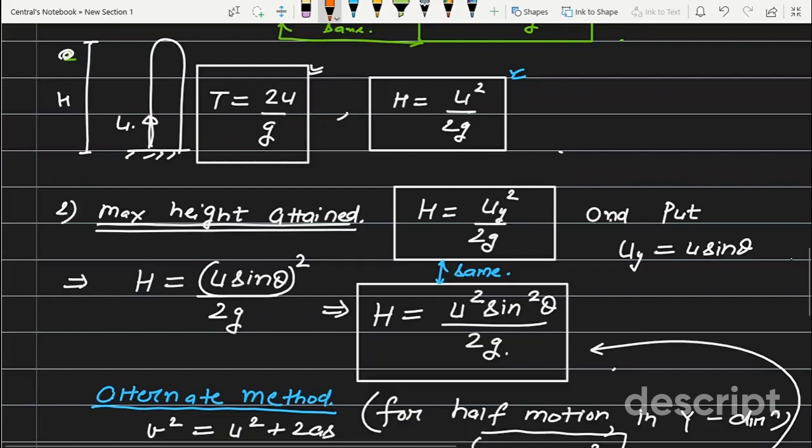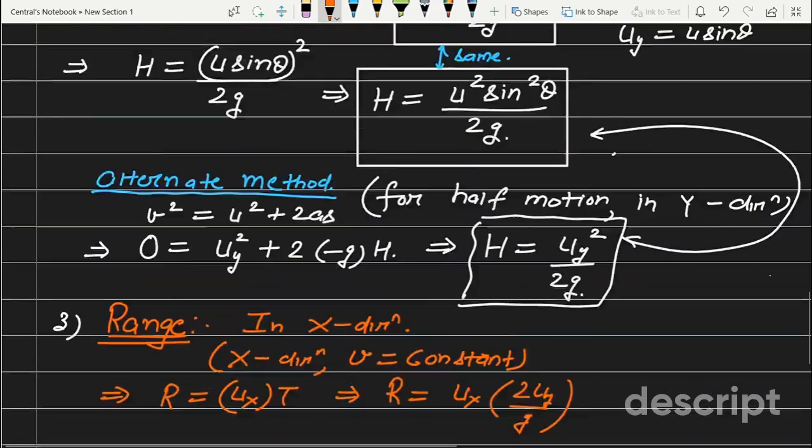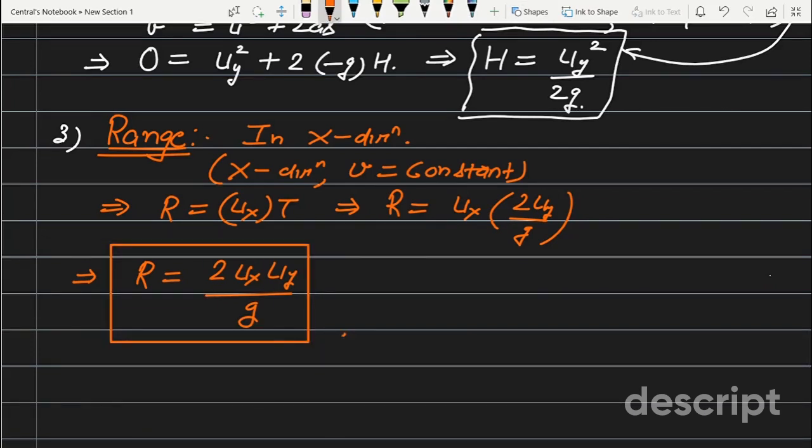In place of t we can write 2uy by g. We will put the value now. But for now we can say that r equal to 2ux uy by g. Now put ux equal to u cos theta and uy equal to u sin theta.